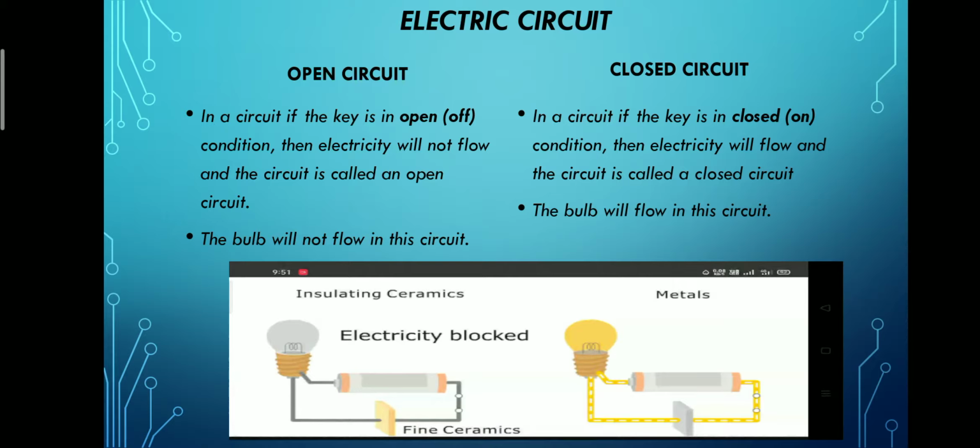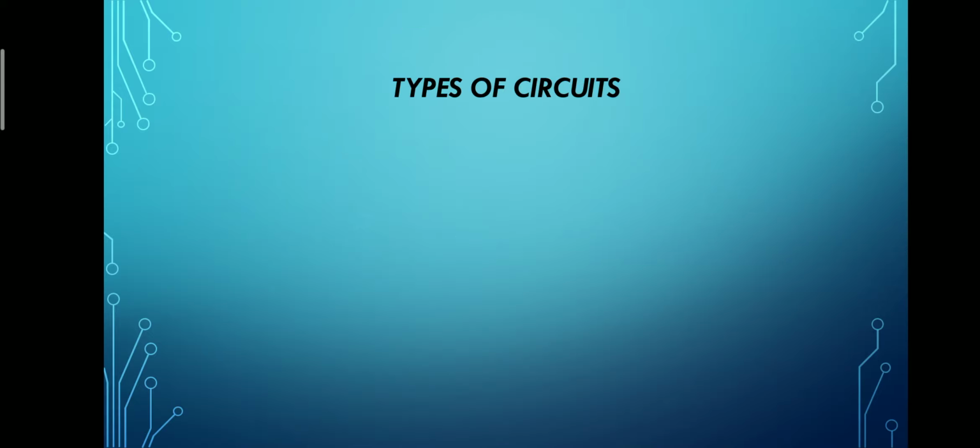And in the second picture you have a conducting material, and when the switch is on, it allows the current to flow and the bulb glows. When the switch is on, the current will go and the bulb glows. That is your closed circuit. And when the switch is off, the current won't flow and the bulb doesn't glow. That is your open circuit.